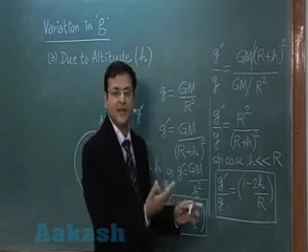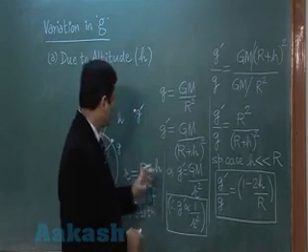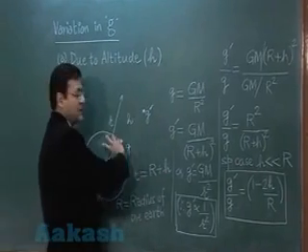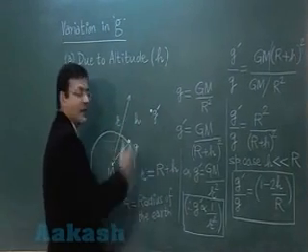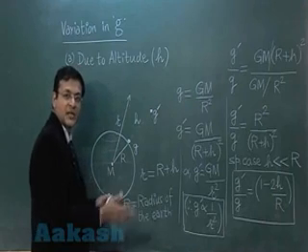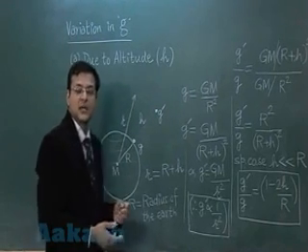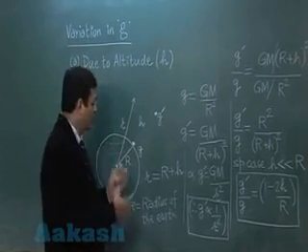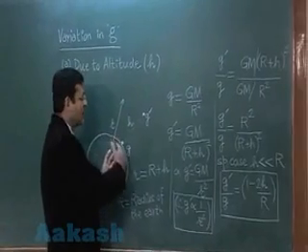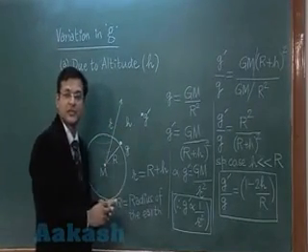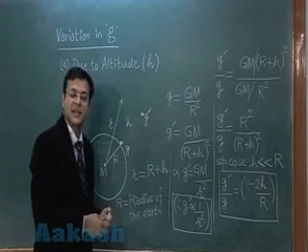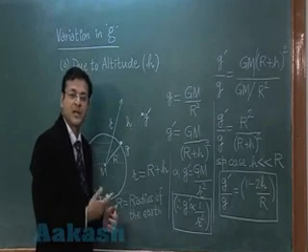As you go above the surface of the earth, acceleration due to gravity decreases at a very fast rate, parabolically. Now let us talk about the variation due to depth. Right now you were going above the surface of the earth. Now let us suppose you go below the surface, and discuss how the acceleration due to gravity varies.